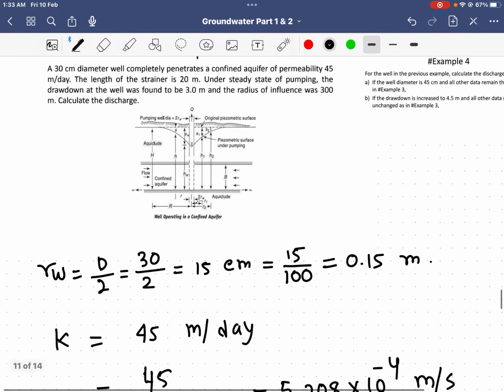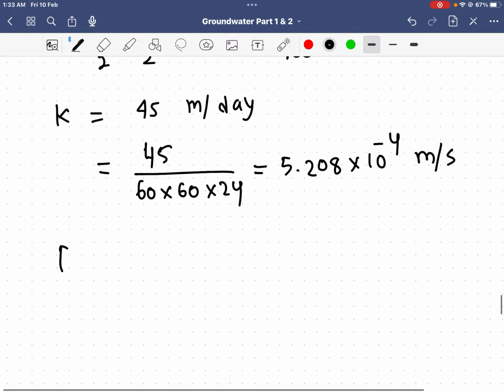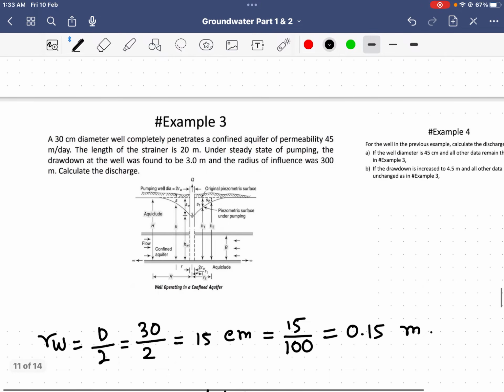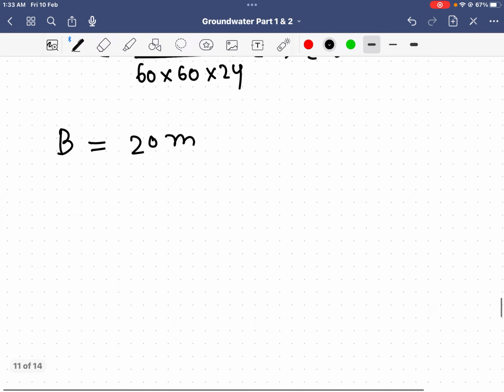Now I read that the length of the strainer is 20 meter. That means B equals 20 meter here. Now, under steady state, so my condition is steady state. The drawdown at the well was found to be 3 meter, so my Sw equals 3 meter.